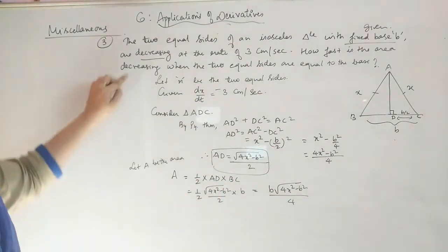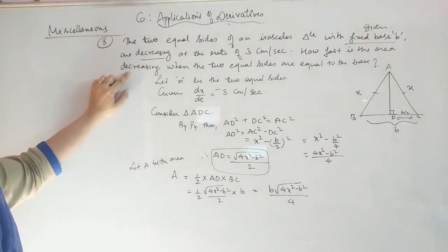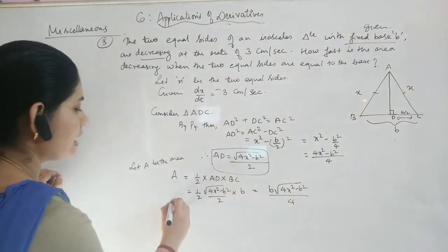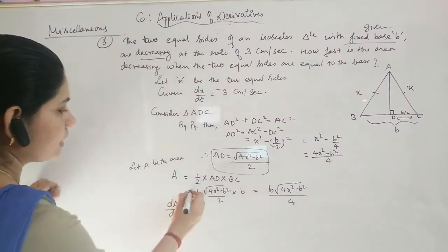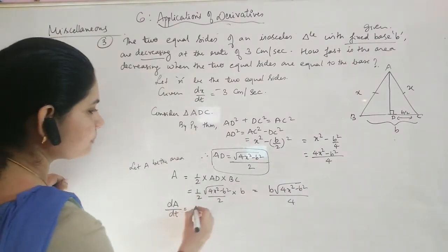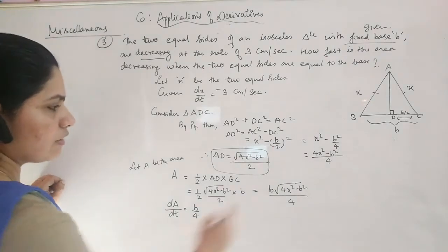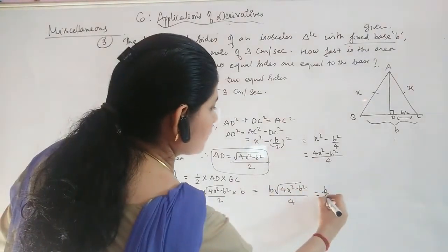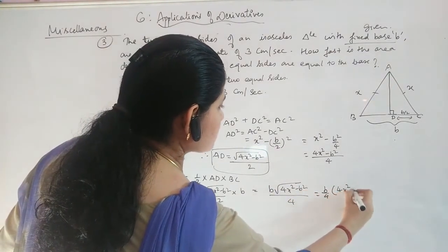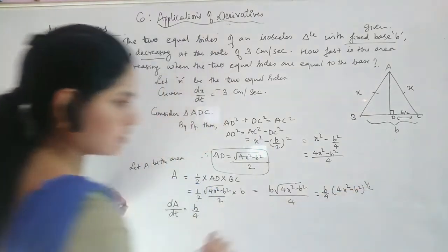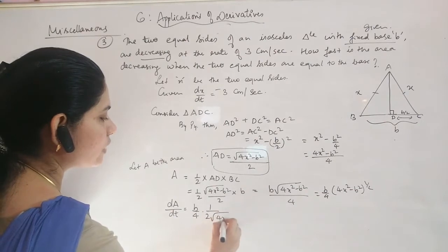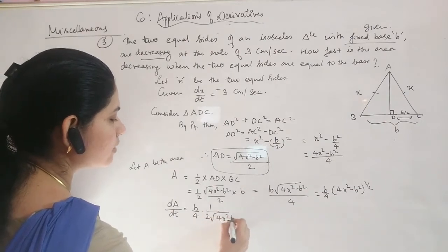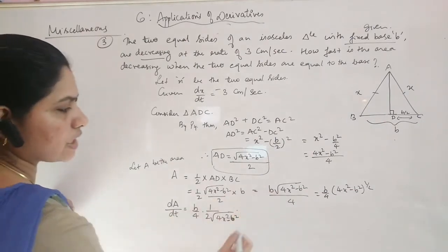Now what we need is how fast it is decreasing, so you have to find dA by dt, with respect to t. Fast means every time it is with respect to time. So dA by dt will give you b by 4 as a constant. Otherwise, you can take the derivative of root x, which is 1 by 2 root x, into the derivative of 4x square minus b square.